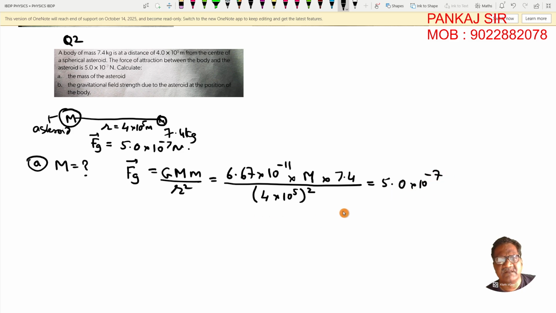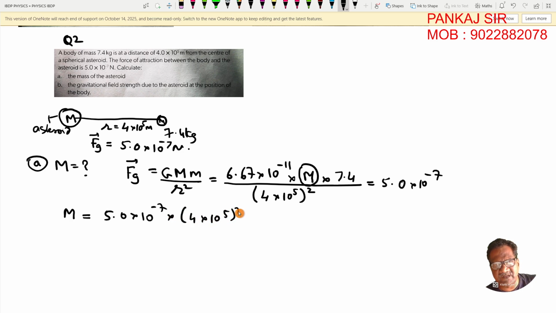In this equation you have to find out capital M. On rearranging, making M the subject, capital M is equal to 5.0 into 10 raised to minus 7 times 4 into 10 raised to 5 the whole square, divided by 6.67 into 10 raised to minus 11 times 7.4.